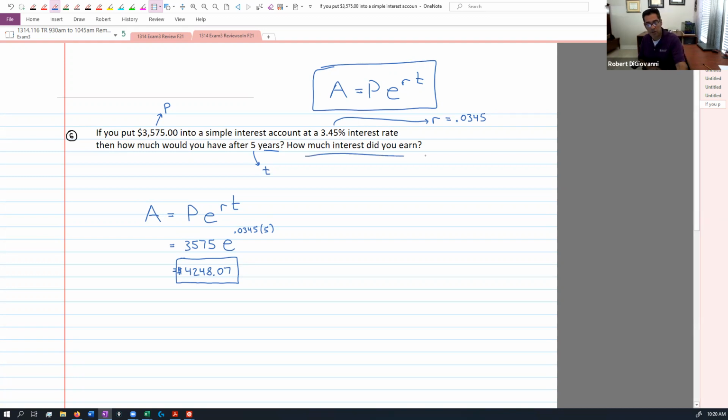Now it says, how much interest did you earn? So here we just want to know how much our money grew by. So what we're going to do is just take that number 4248.07 and subtract from it the amount that we started with. Right? So just subtract from that 3575 and you get approximately $673.07.